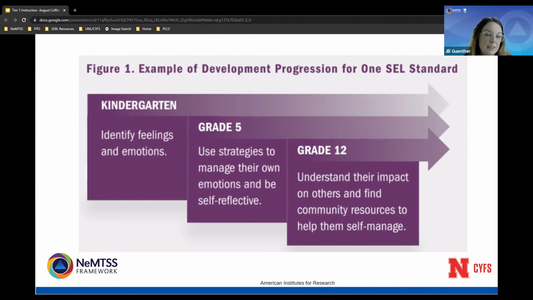So having that self-awareness and that basic awareness of those feelings and emotions, but then building on that and being able to manage those emotions. And then continuing to build, as an example of grade 12, being able to really understand how our behaviors have an impact on others, on our friends, on our community, on our classroom as a whole. So you can see that progression there.